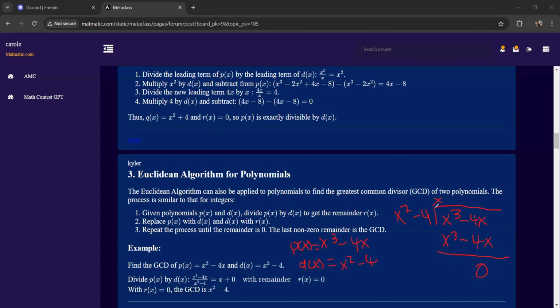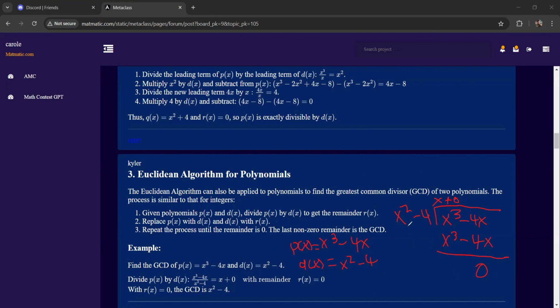So that just leaves our quotient as x. You don't really have to write the plus 0, but I just wrote it. And our remainder, r(x), is 0, so our GCD is essentially just, oops.